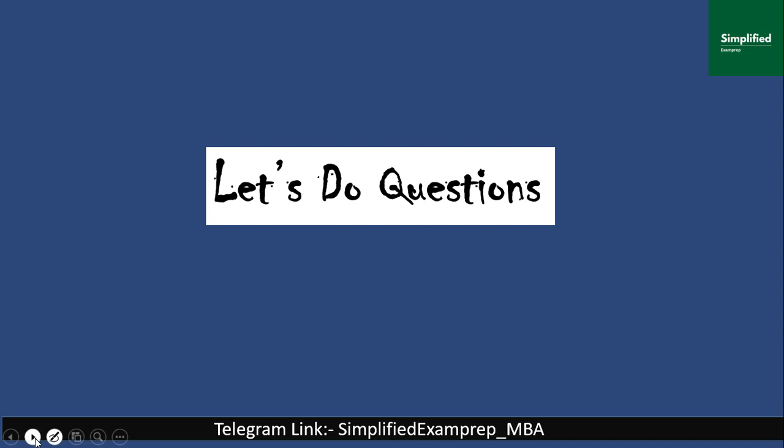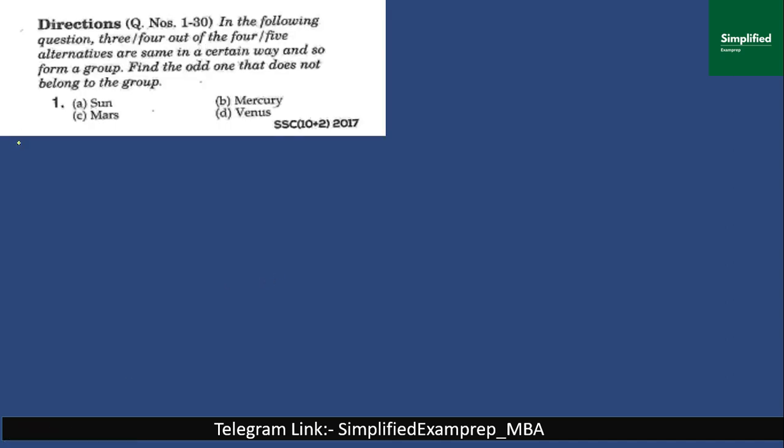Now here is our first question. Read this question statement carefully. In the following question, 3 or 4 out of the 4 or 5 alternatives are the same in a certain way and so form a group. Find the odd one that does not belong to the group. Here: A Sun, B Mercury, C Mars and D Venus.